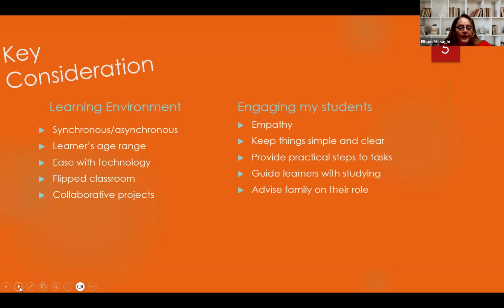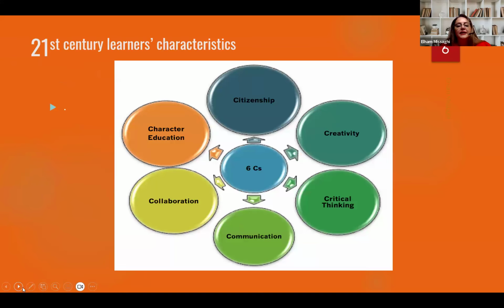Okay, what else is good to remember? Let's review 21st century learners' characteristics. We need to remember the C's, like communication. Put them in pairs, put them in groups, let them communicate, let them talk. Some people need that, it's a way of learning.